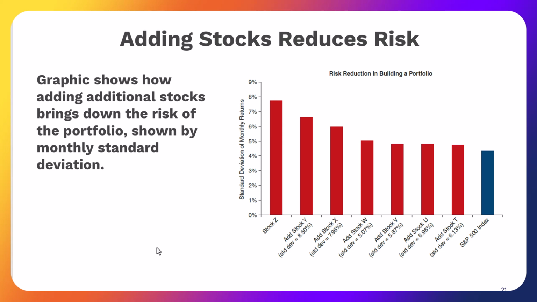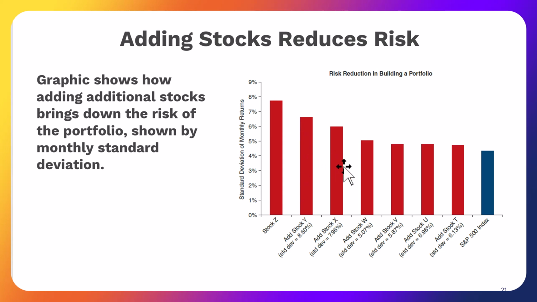To see how adding stock reduces risk, we have a slide that shows stock Z here has a risk of roughly about 8%. If we add stock Y to that, which has a standard deviation of 8.5, just by adding the two together, we get reduced risk.